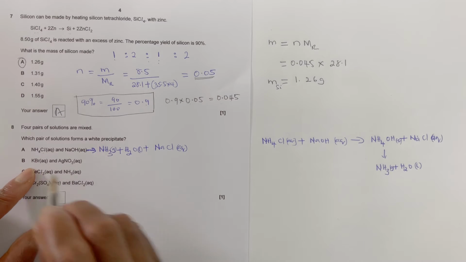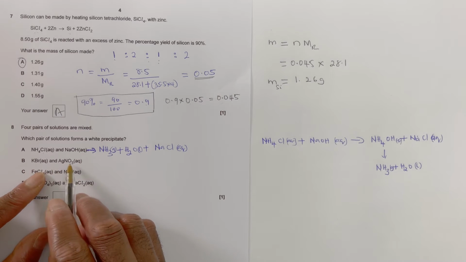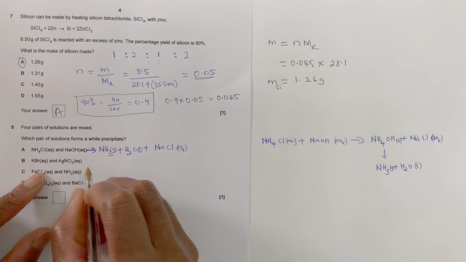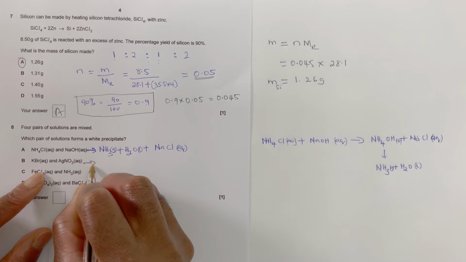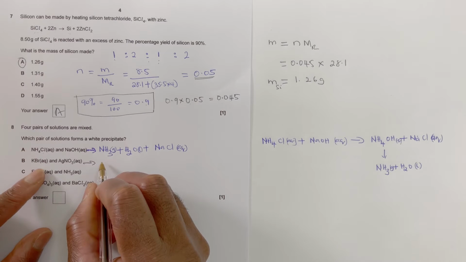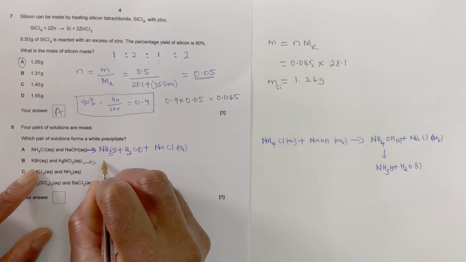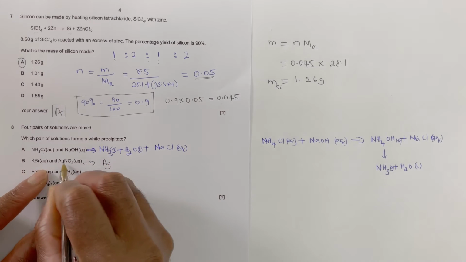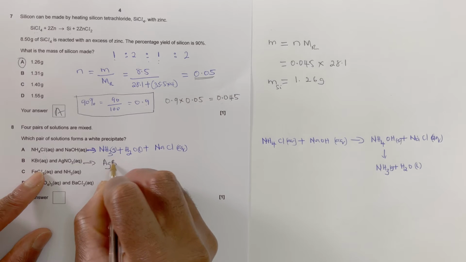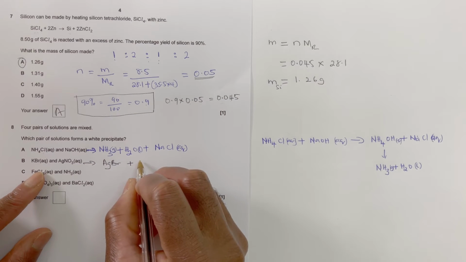Potassium bromide and silver nitrate. This is a popular reaction. Well, silver, so you're going to get basically silver bromide plus potassium nitrate.